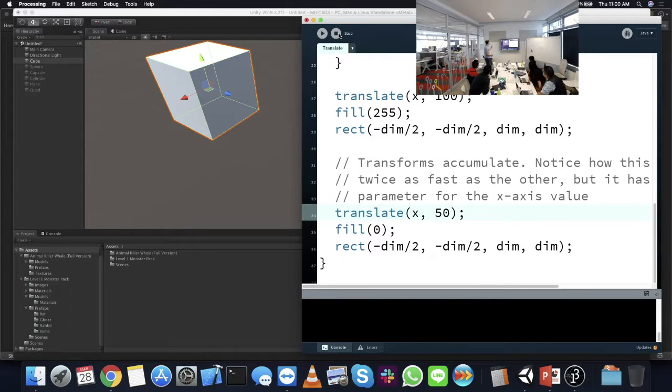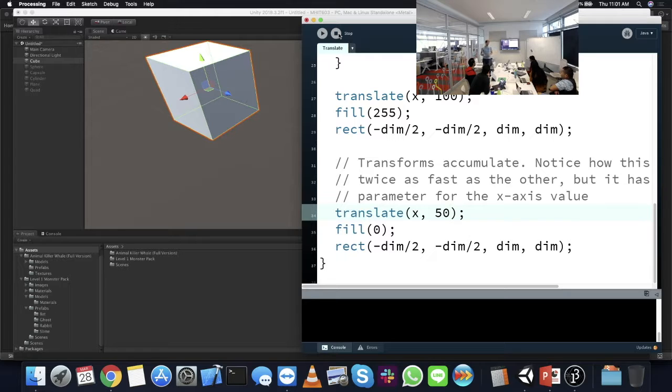Okay, so the value of x is gradually increasing, but we're always printing this. Do the first one, move it by x and move it down by 100, and move it by x and move it down 50. So if anything, we'd expect them to be in the same position, and the second one, which is black, the first one's white, to actually be slightly higher.